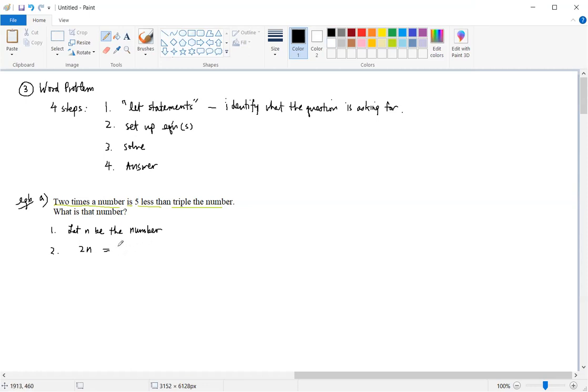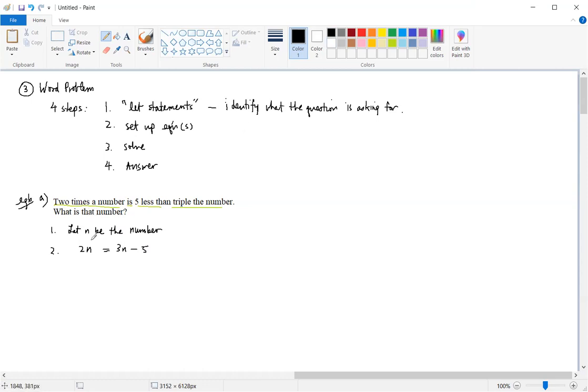So triple the number and then 5 less than it. This is the English sentence, the wording version, and this is the algebraic version. They are the same sentence, just one in English, one in math.